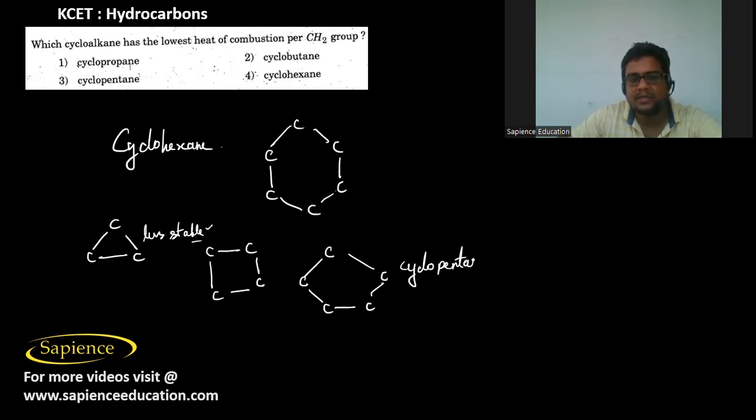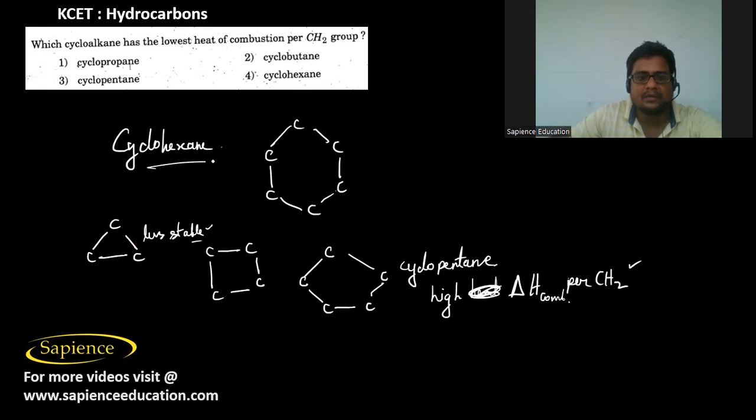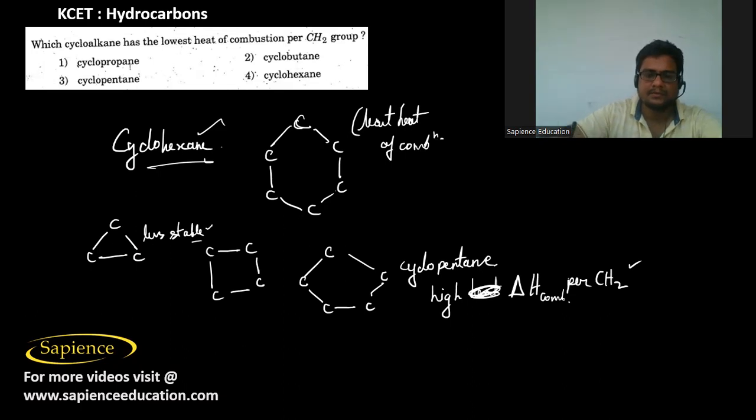So it will have a very high heat of combustion, a high enthalpy of combustion per CH2 group. And since cyclohexane is less stable, it will have the least heat of combustion per CH2 group. So option 4 is the correct answer.